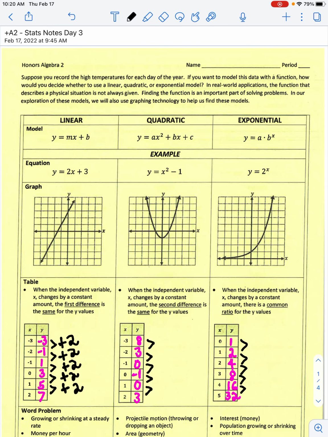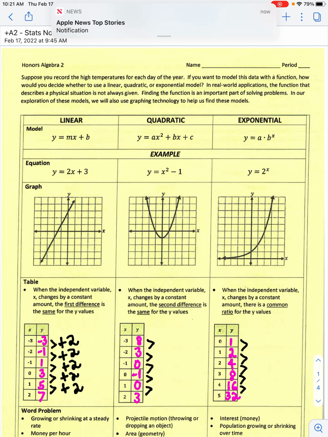For quadratic, it's the second difference that tells us it's a quadratic model. And in quadratic models, sometimes you can have the same value appear for y in the table more than once because of the nature of the graph being a parabola. That will not be the case with the linear or exponential models.